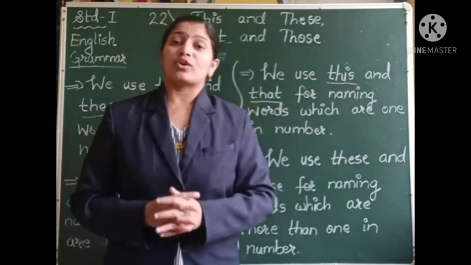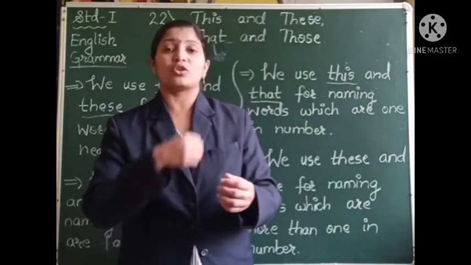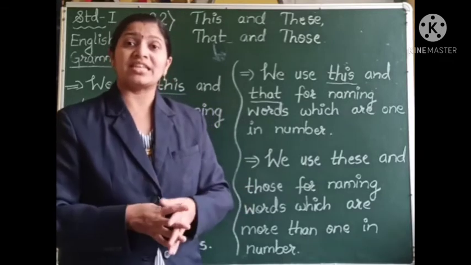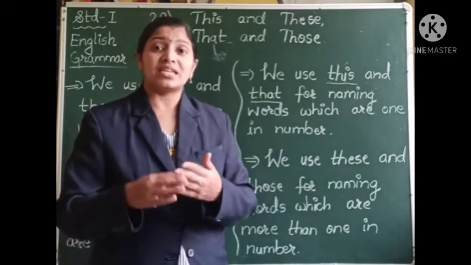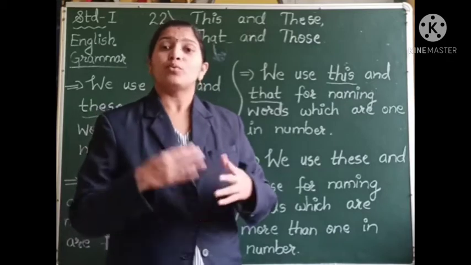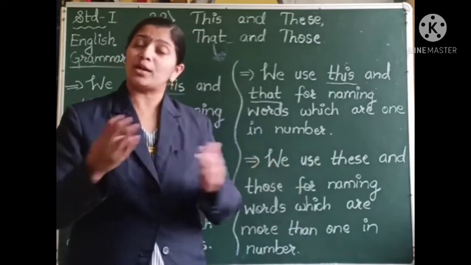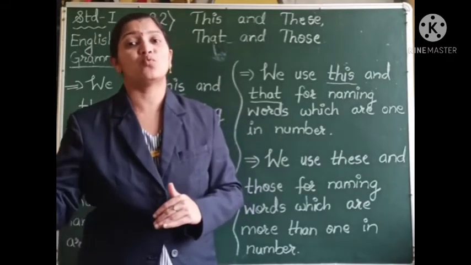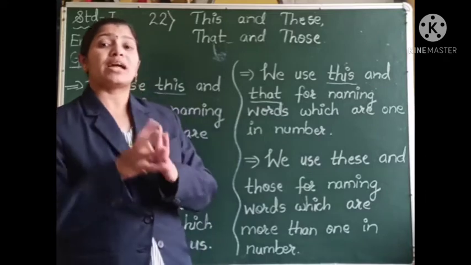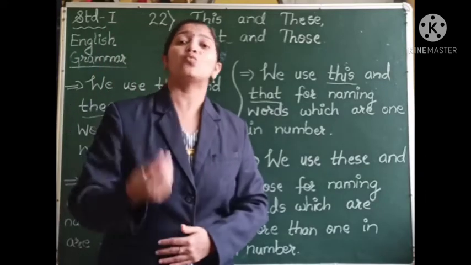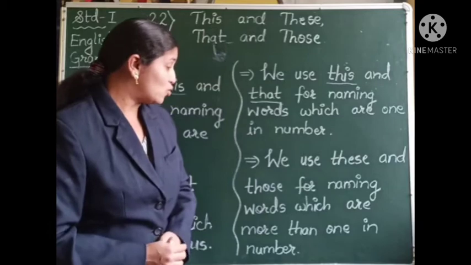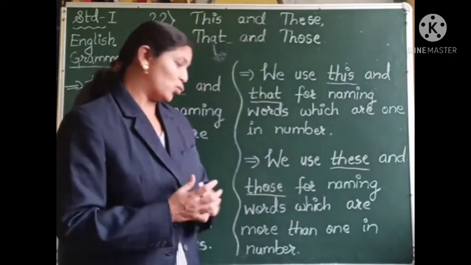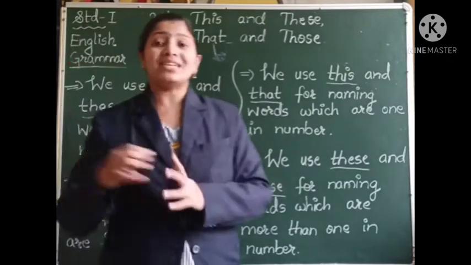Also, suppose I am talking about objects, animals or birds which are more than one in number, that is, they are plural. We have already learned about singular and plural. Singular means one in number and plural means more than one in number. So when I am talking about objects which are more than one in number, I make use of the words these and those.